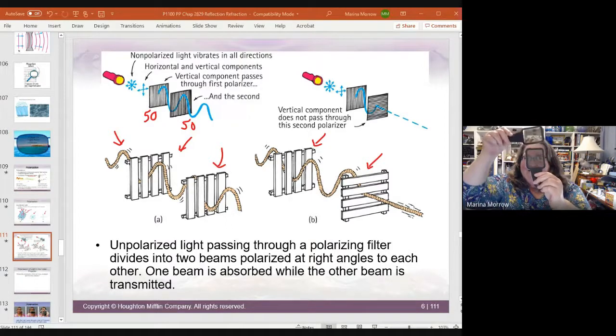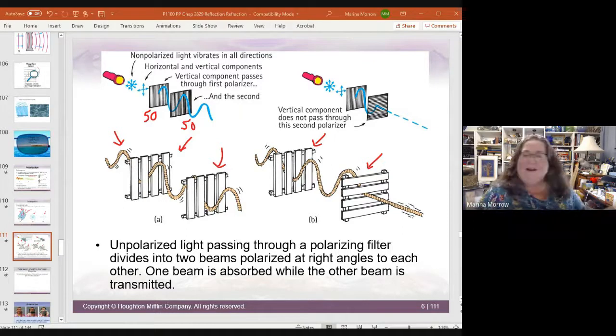The light gets through the first one, but it can't get through the second one. And as I rotate these around to where they're more closely aligned, you will see more face. And as I rotate them, now they're at 45 degrees. A little bit of light gets through. But when they're totally perpendicular, no light can get through. So anyway, polarizing filters are fun to play with.